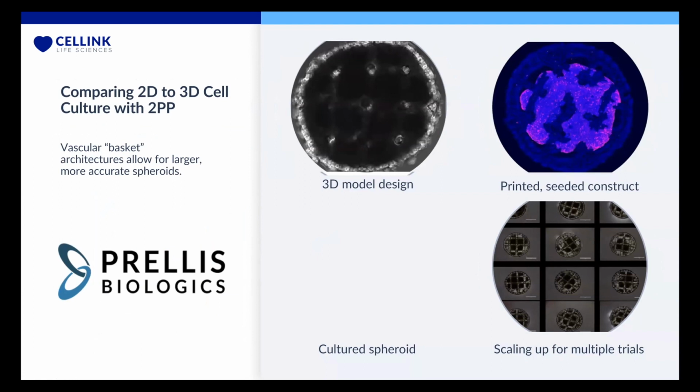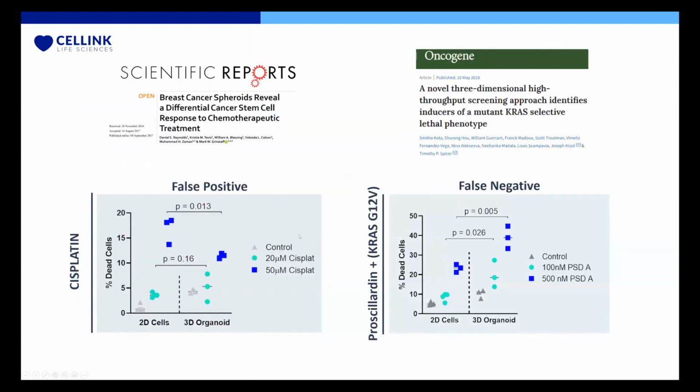And so using a basket-like structure printed with the Holograph X creates these tubular channels that are gas and small molecule permeable that can serve as vasculature for these spheroids that are instead 500 microns, even up to a millimeter in diameter. And Prellis once again did a false positive scenario using cisplatin, except this time with breast cancer cells.